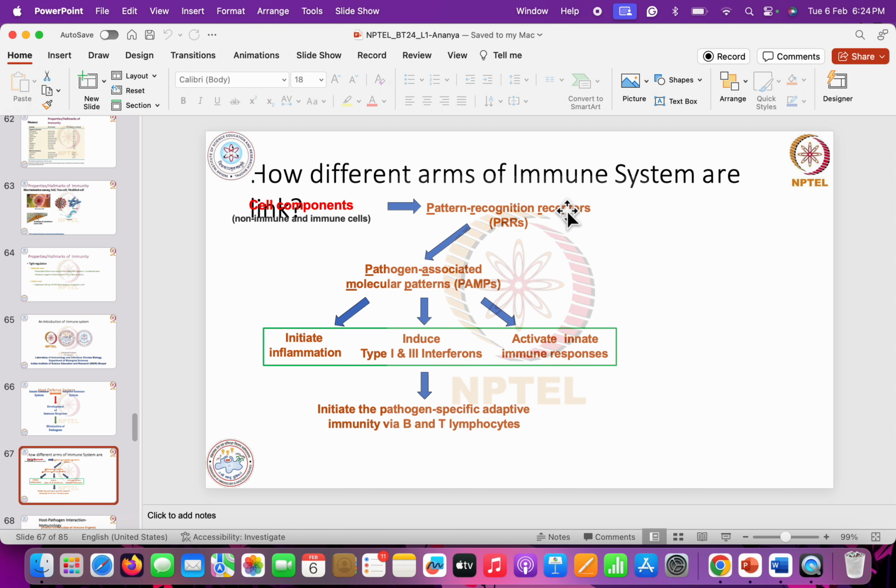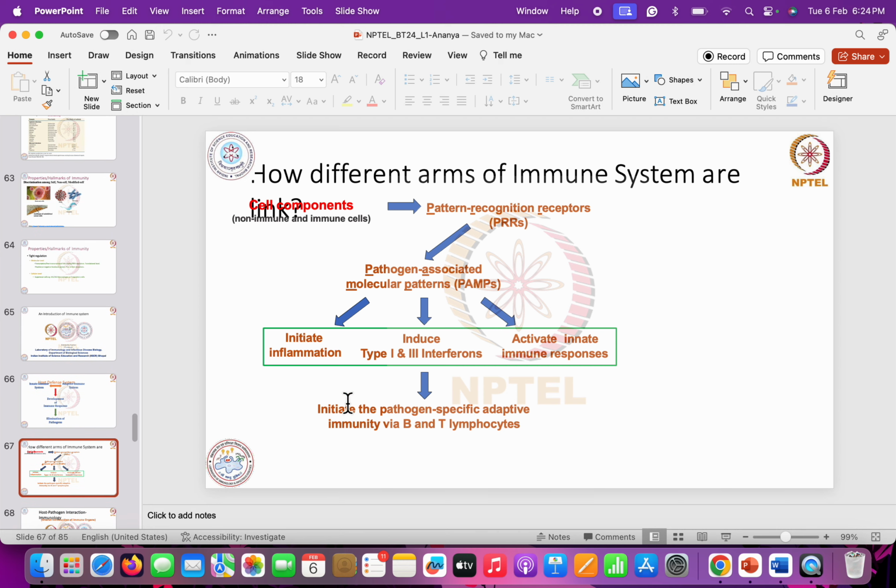Pattern recognition receptors: normal cells, non-immune cells as well as immune cells, can have pattern recognition receptors. So it's not that only immune cells will have those. And those receptors recognize pathogen-associated molecular patterns.